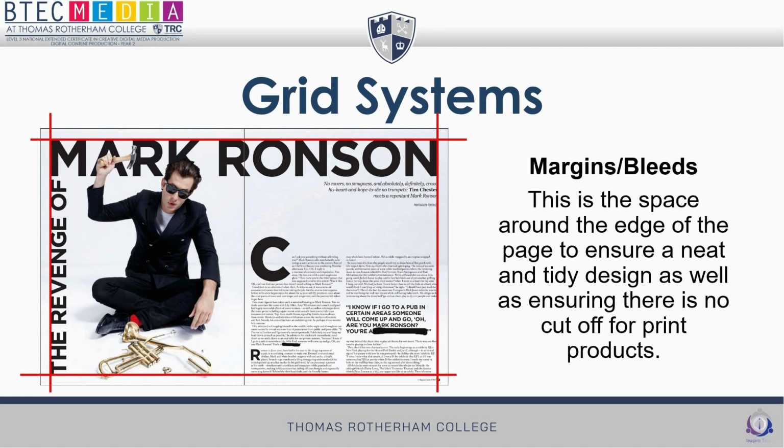So it means that if you let's say had this picture here of Mark on some double page spread, when you make this design on InDesign or whatever you use, you will overlap the picture over the edge of the page just as a safety precaution in case there's any issues when it's printed off. And how much you go over the edge of the page is your bleed. Alright, so it's almost like a reverse safety margin, but it's mainly something that you use for things like textures instead.